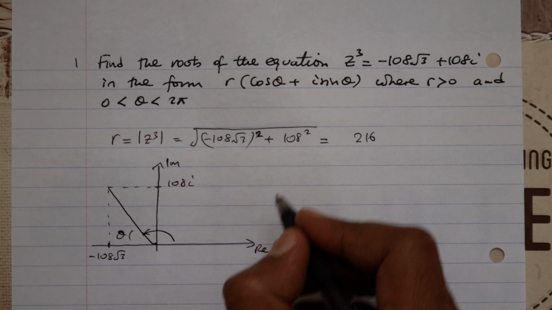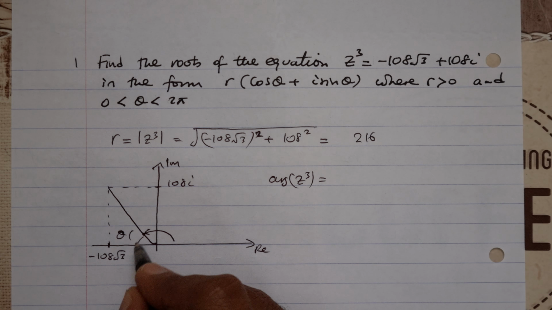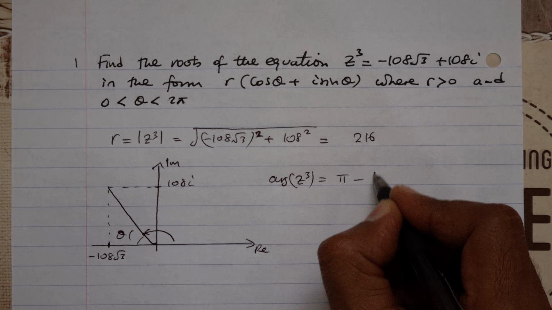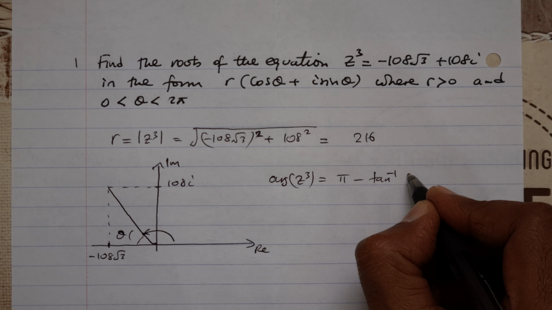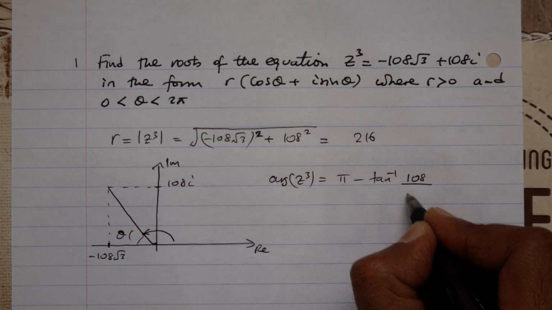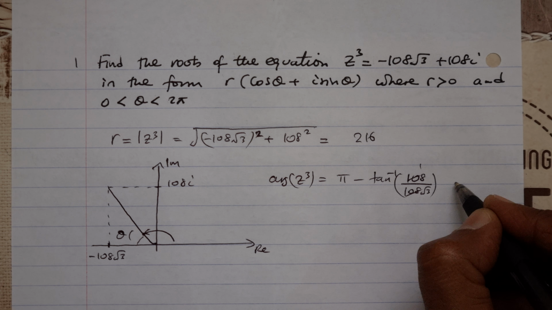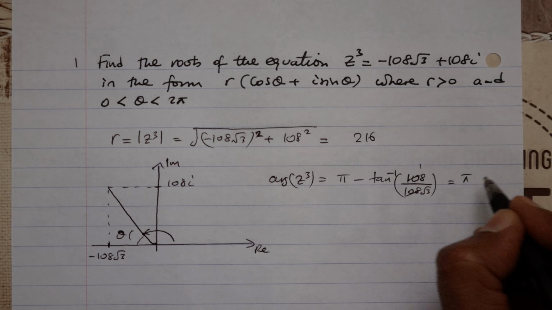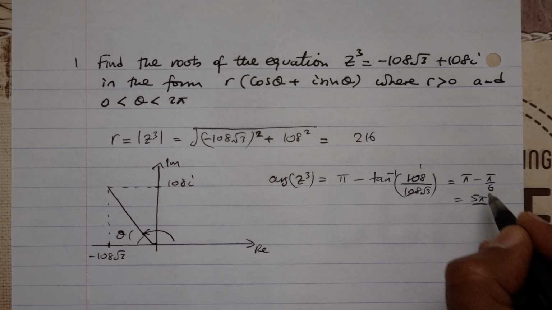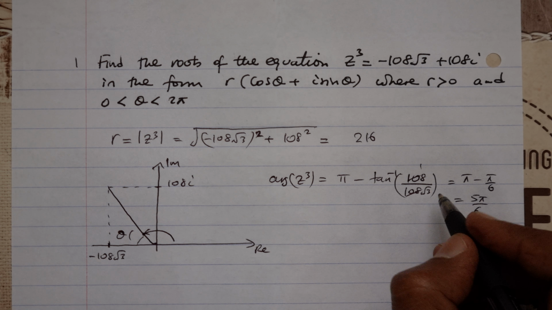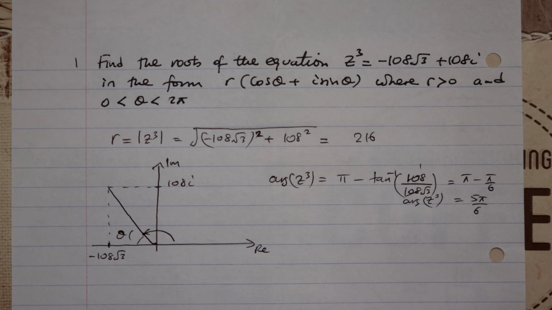The argument of z cubed is pi minus the tan inverse of 108 divided by 108 root 3, which is basically 1 over root 3, and the tan inverse of that is pi upon 6. If we do that subtraction, we get 5 pi over 6. That's the argument of z cubed.